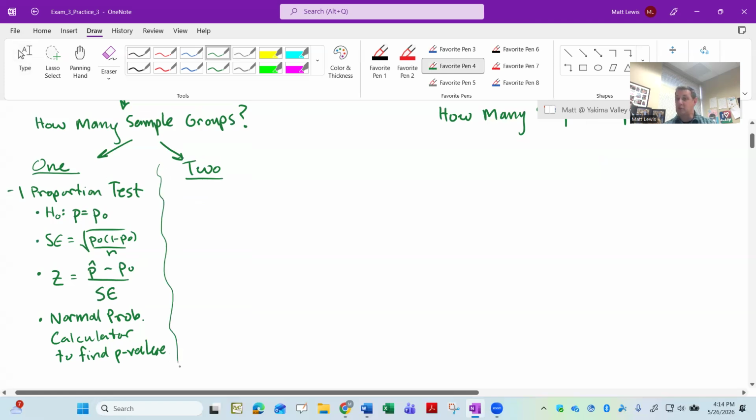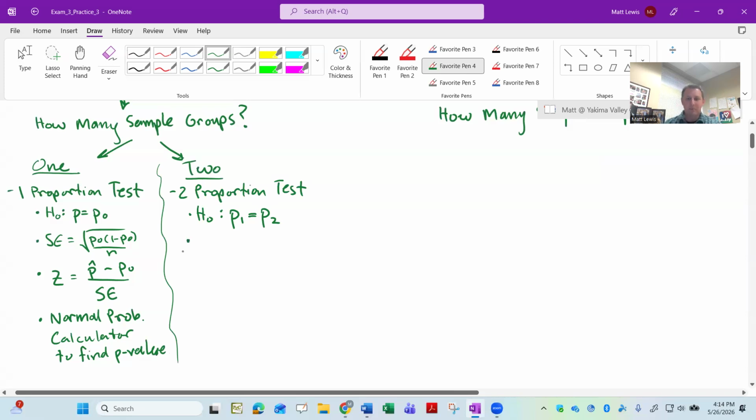Okay. What if it's two sample groups? Then this is a two proportion test, of course. And while there are formulas for the standard error, and so this would be where the proportion for group number one is equal to the proportion for group number two, if this is my null hypothesis here, then yes, there are formulas that I could use that are just a little bit more complicated than, say, this standard error formula.